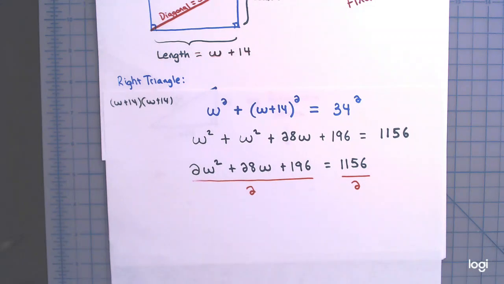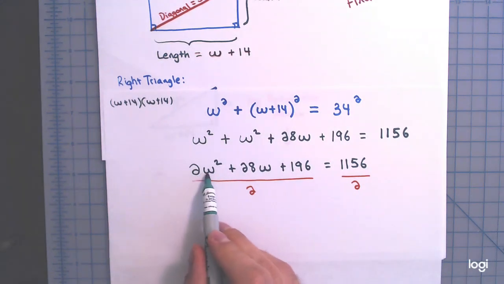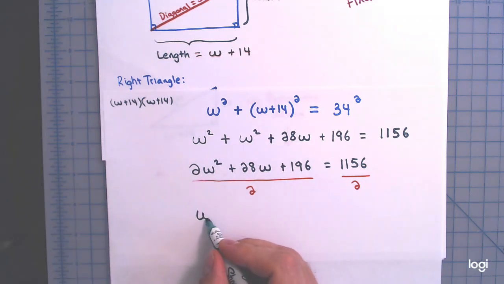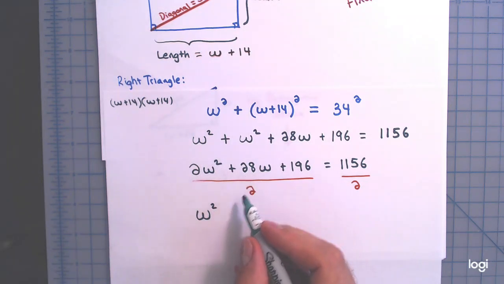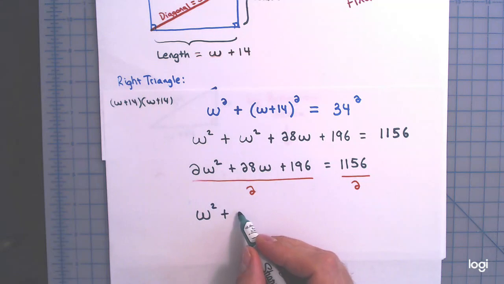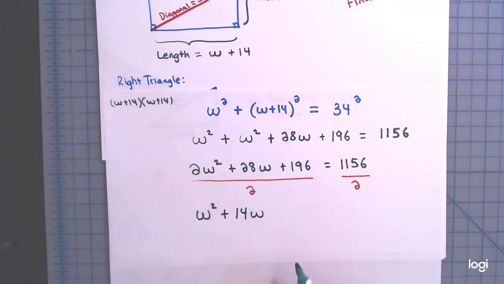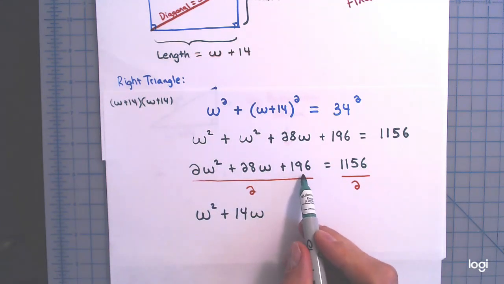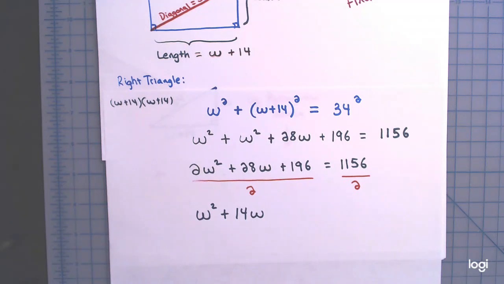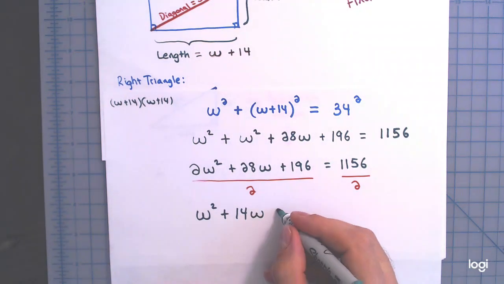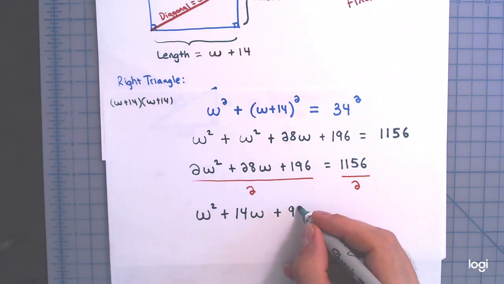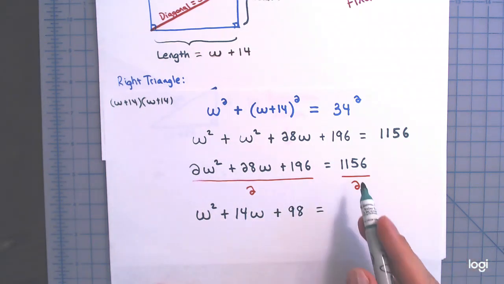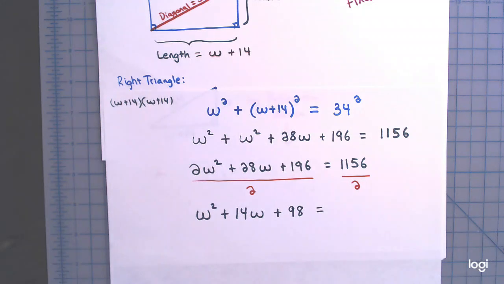And that'll make all the numbers smaller and hopefully make this easier to deal with. So dividing the first term by 2, we have just W squared. 28W divided by 2 would be positive 14W. And then dividing 196 by 2 would be 98, right? And then 1,156 would be 578.